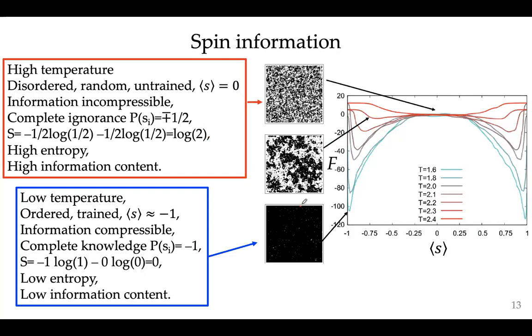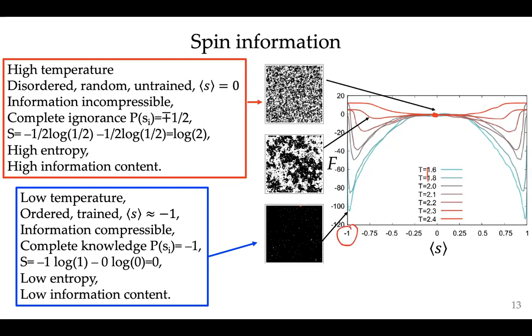So we learned that the randomized high temperature configurations have their minimum at this point and have no magnetization. And the cases where all the spins are down correspond to some non-zero magnetization.